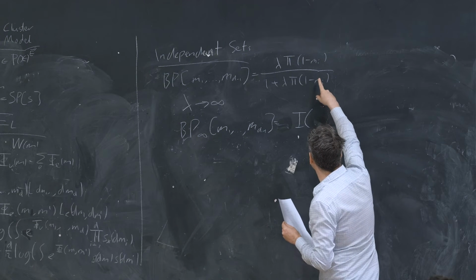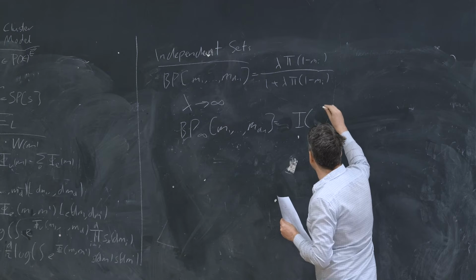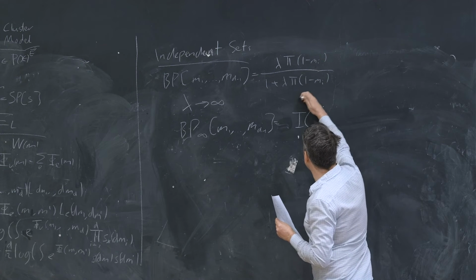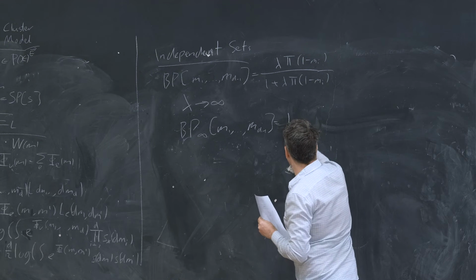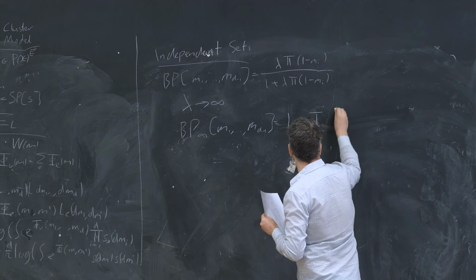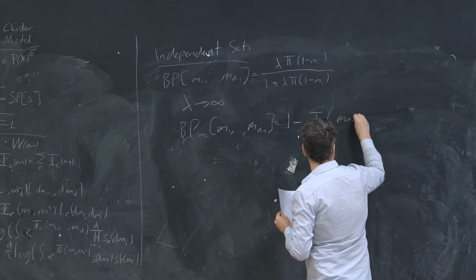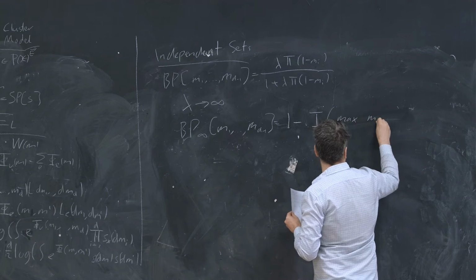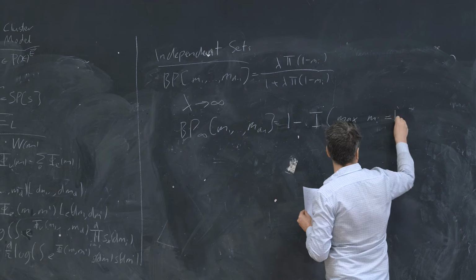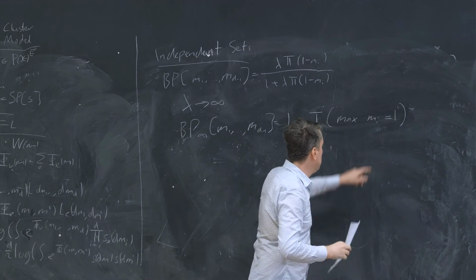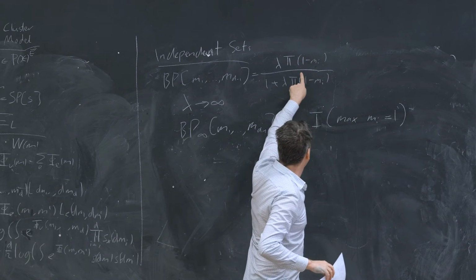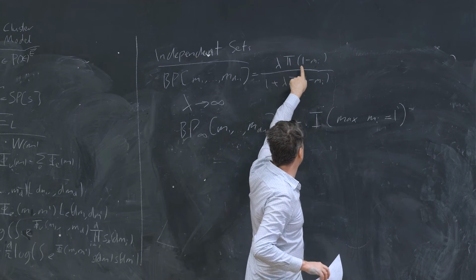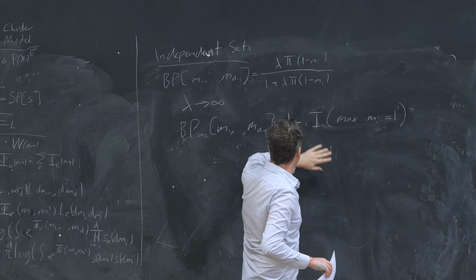So if any of the m_i equals 1, then we should get lambda times 0, and we'll just get 0.